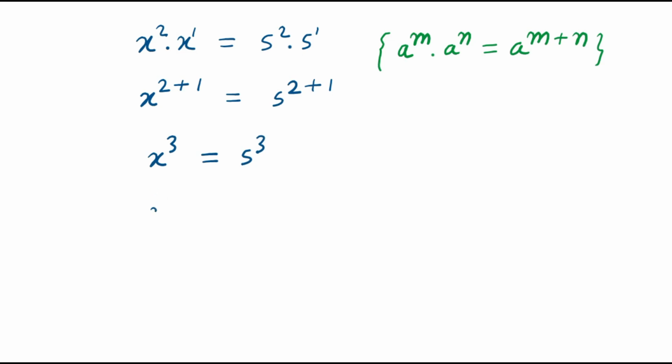Now x power 3 is equal to 5 power 3. If we take it to the left hand side, then x power 3 minus 5 power 3 is equal to 0. We will apply substitution.